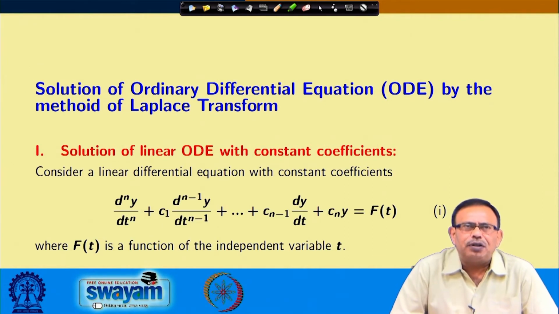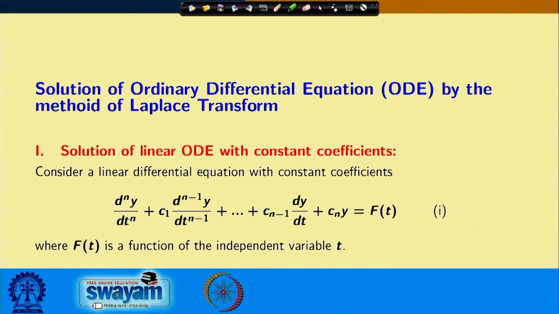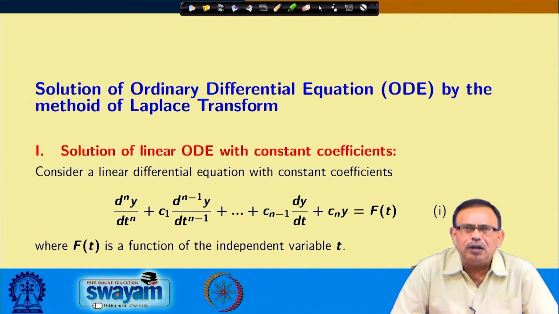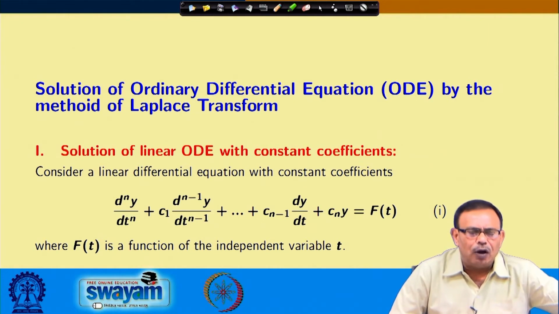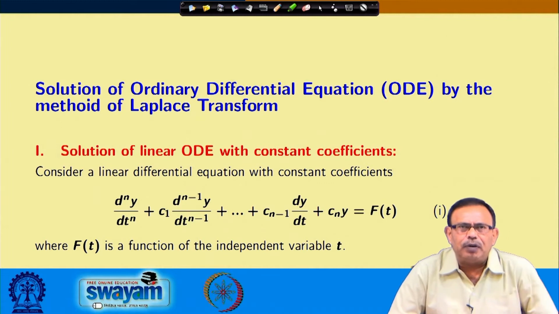You consider this linear differential equation with constant coefficients C 1, C 2, like this way, C n. I have written the general form: d^n y/dt^n plus C 1 d^(n-1) y/dt^(n-1), like this way, C n minus 1 into dy/dt plus C n y equals f(t), where f is a function of only the independent variable t.